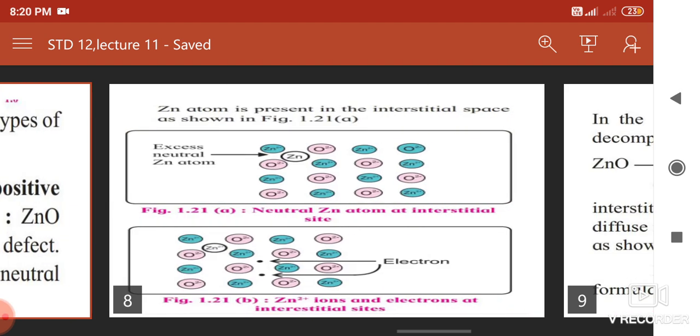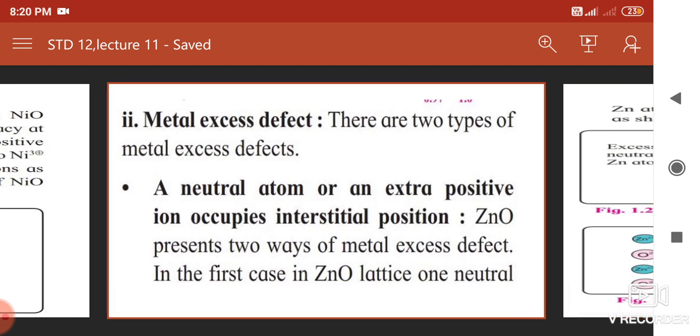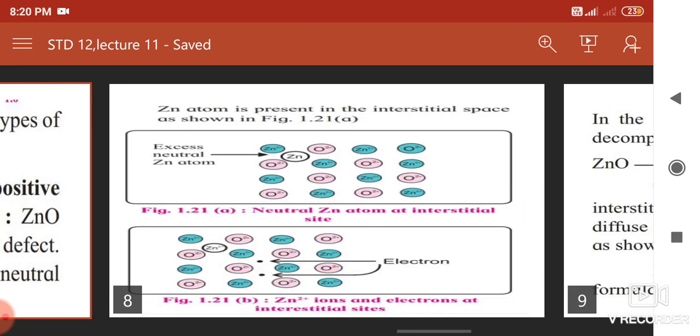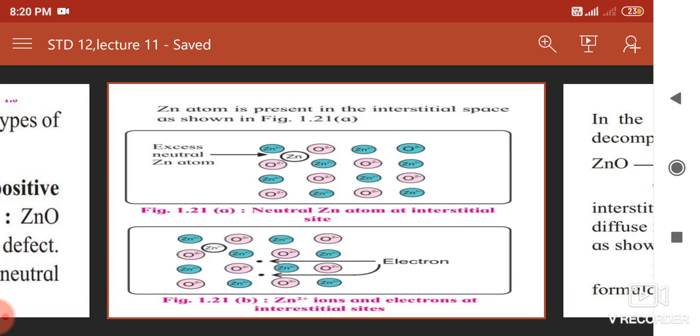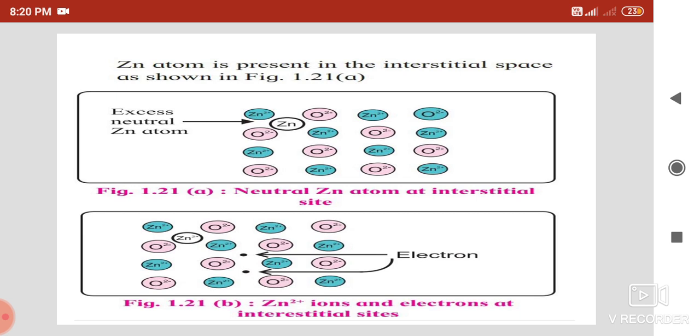So this is the metal excess defect. That is the first type, where either neutral zinc is present in the interstitial site, or zinc oxide gets heated and Zn2+ ions are present in the interstitial sites.